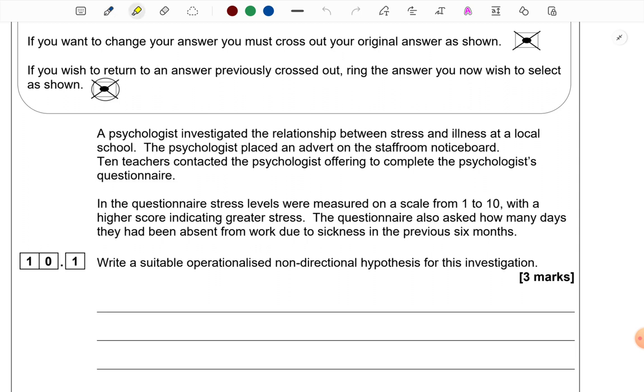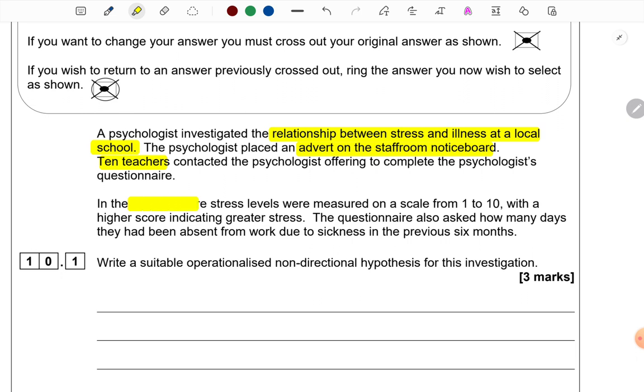First, I'll just read out the scenario. A psychologist investigated the relationship between stress and illness at a local school. The psychologist placed an advert on the staff room notice board. 10 teachers contacted the psychologist offering to complete the psychologist's questionnaire.